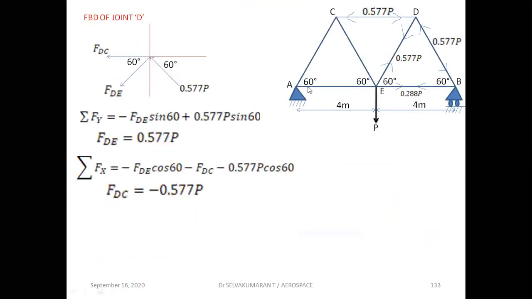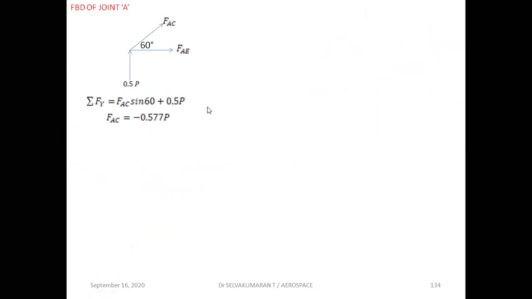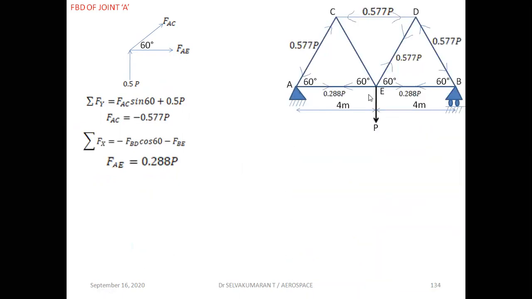This is 0.5 P and this is an unknown member force. We are assuming it as tension. So resolve it, Fy and Fx. So FAC is compression, FAE is tension, and show it on the figure. AC is compression and AE is tension.